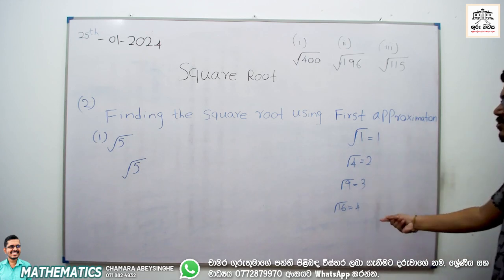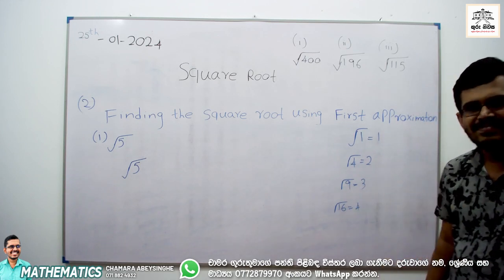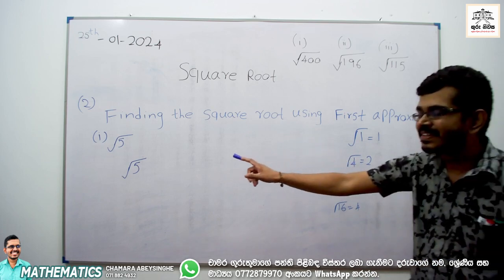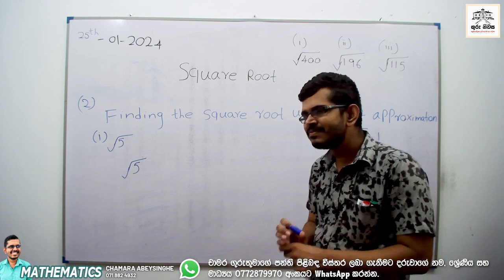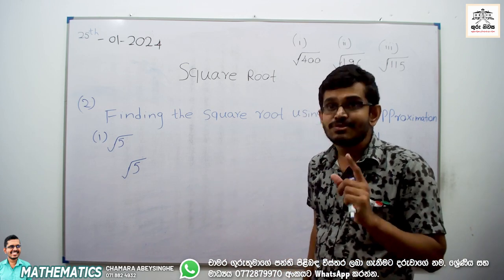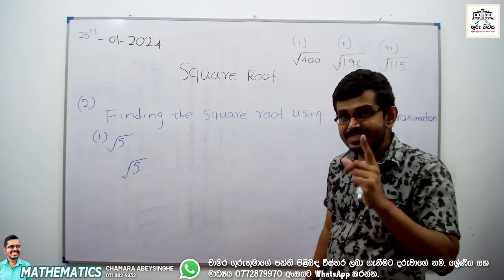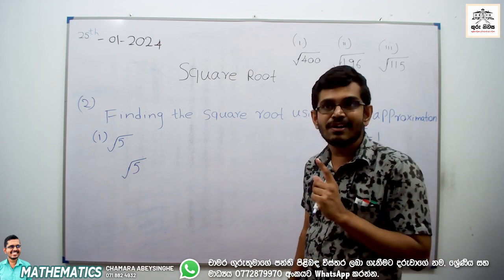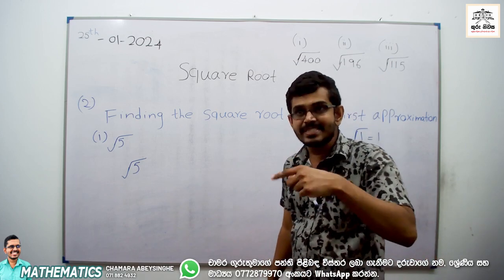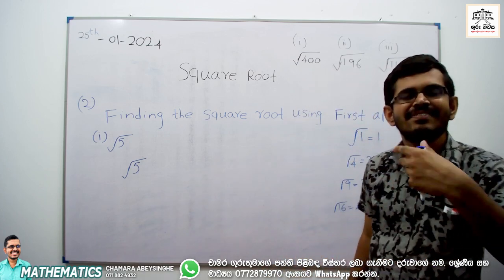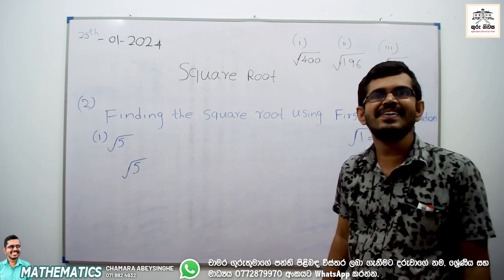In your left hand side you should write, student, the square root number, the nearest less-than square root number which is known exactly. හරියටම value එක දන්න nearest less than square root number එක තමයි ඔයා ලියන්න ඕනේ.